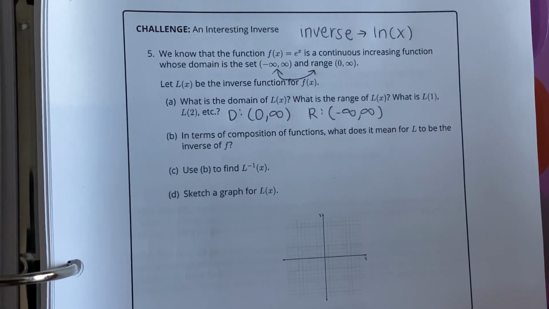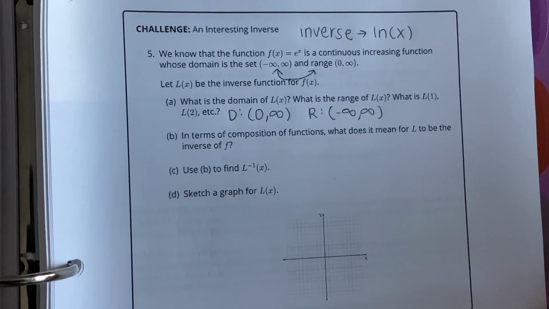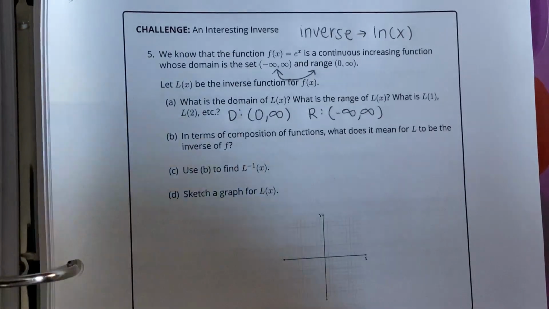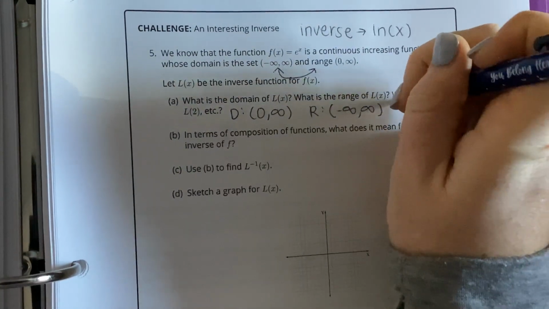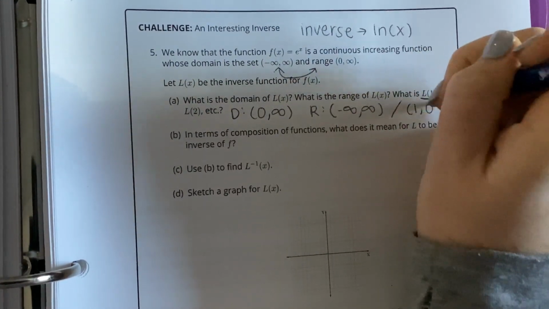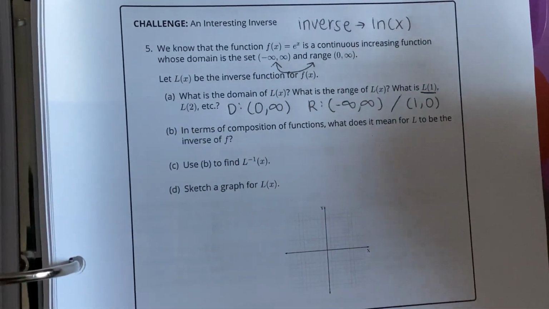So again, if you go back to what we were just talking about, you're always going to have the point 1, 0, and then you're always going to have the point b, 1. So if it asks you what is L of 1, you're going to have that point 1, 0. If you wanted 2, you'd have to plug into your inverse equation.